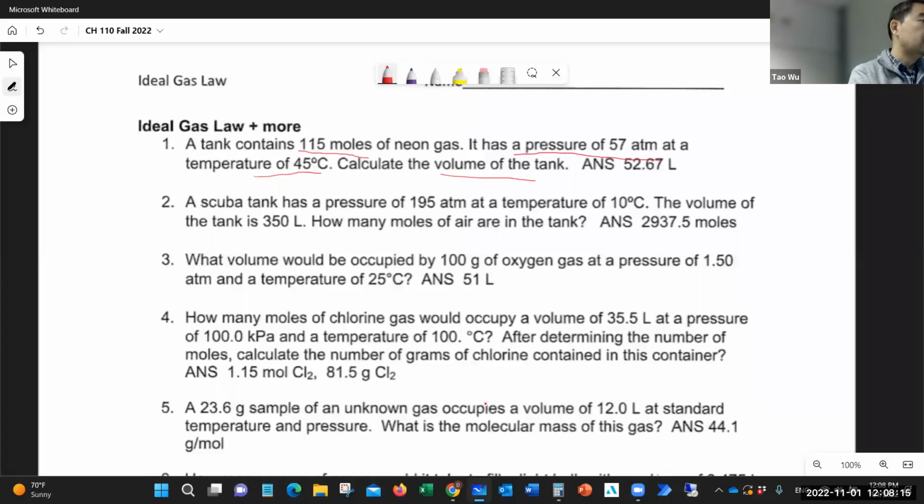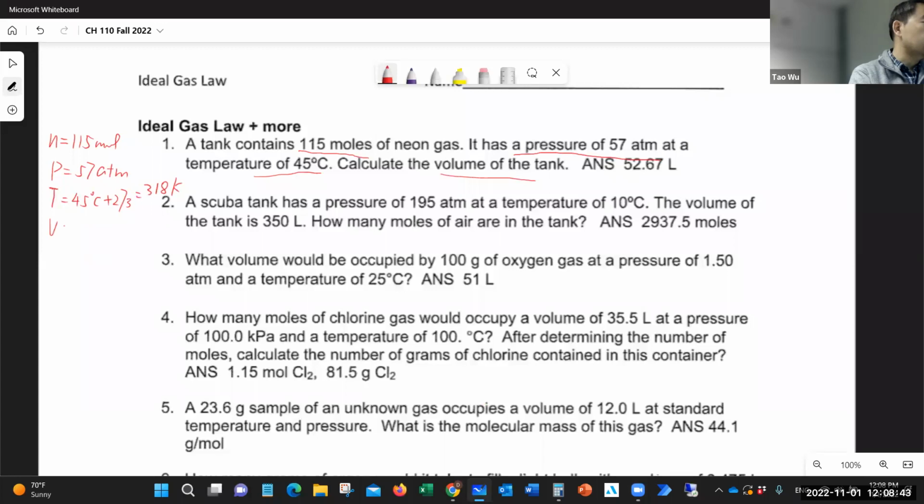So when you make the list, you know that n is 115 moles of gas, the pressure is 57 atmosphere, and the temperature is 45 Celsius. Again, you're going to convert that to Kelvin. Then you get 318 Kelvin.